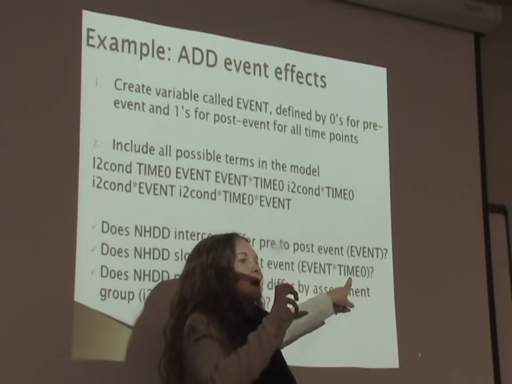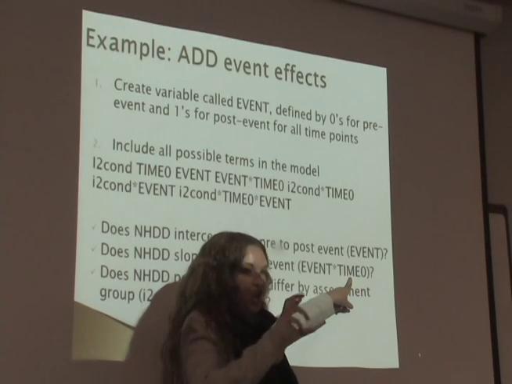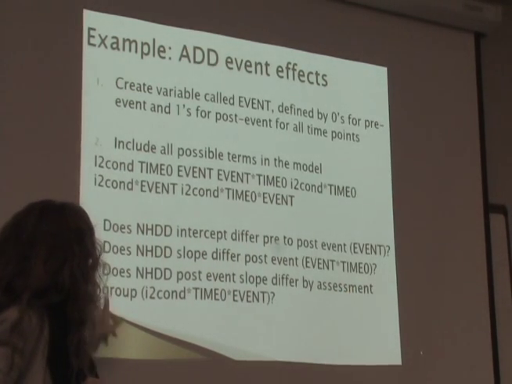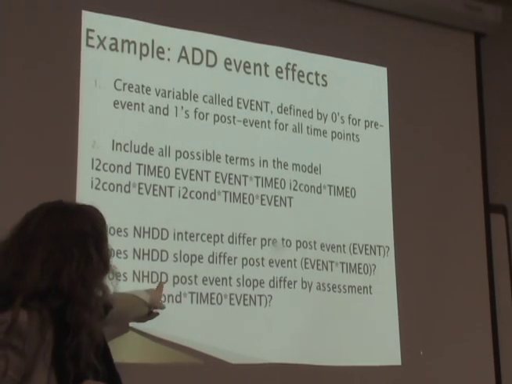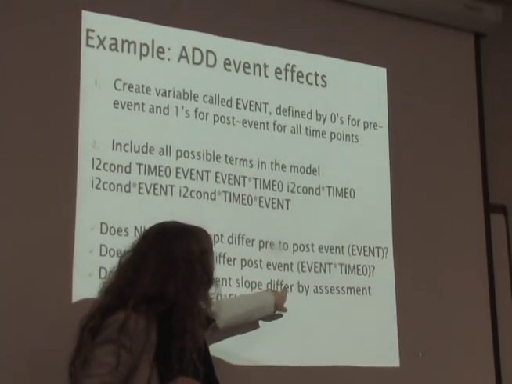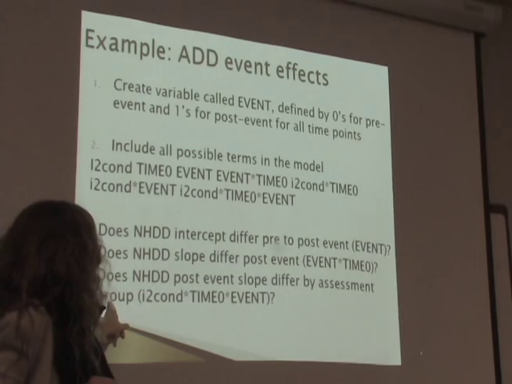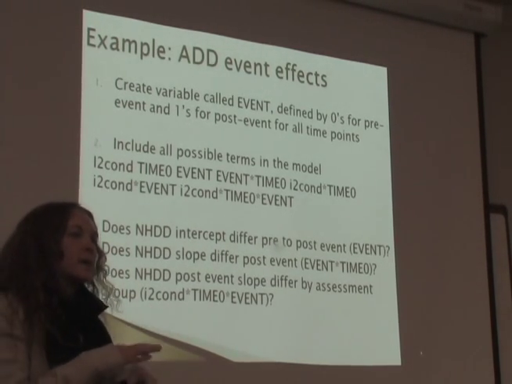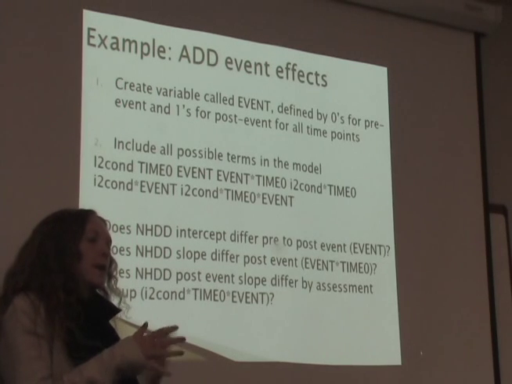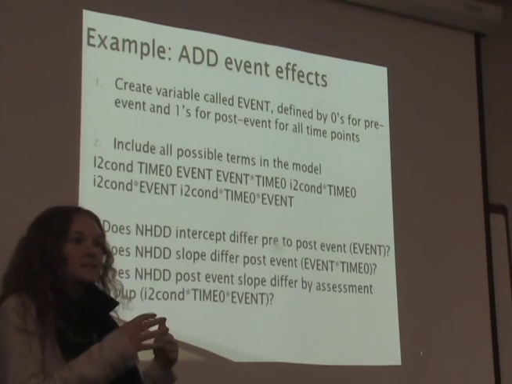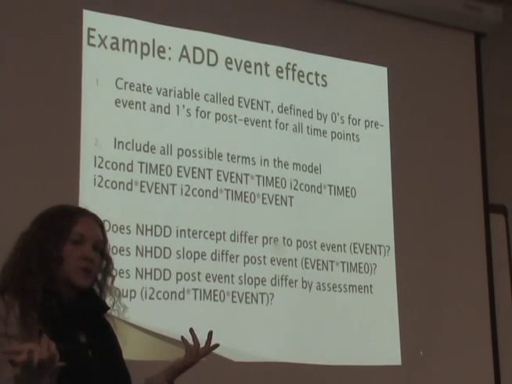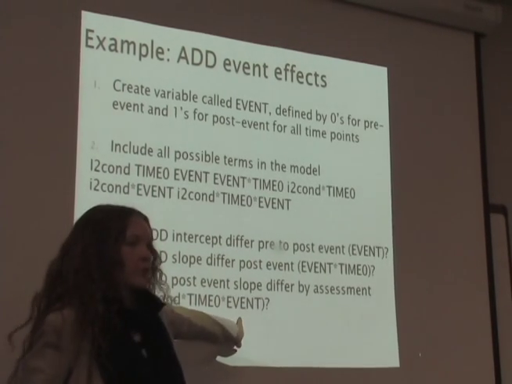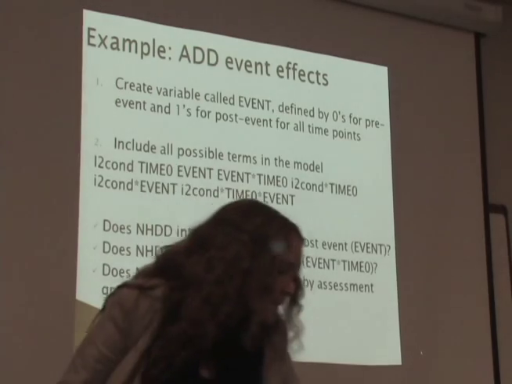Was there a higher rate of change in drinking reduction post-event? Does the heavy drinking post-event slope differ by assessment versus non-assessment? Right? So will being in that one-to-one assessment predict a more negative slope in reductions in heavy drinking? And that would be the three-way interaction. Make sense?